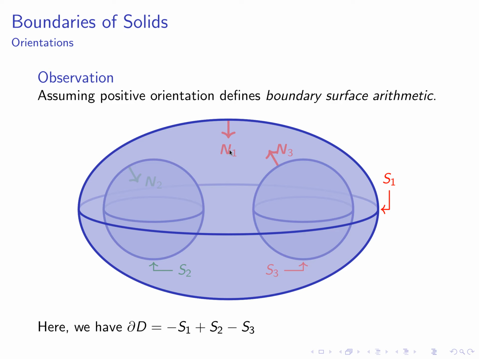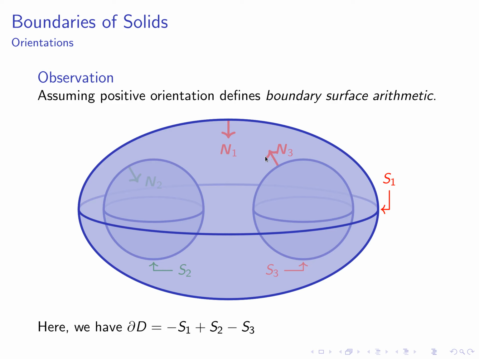For our first inside sphere here, we have a normal vector that points into the sphere, which is actually away from the domain in this problem. And for our second sphere inside of this domain, we have a normal vector that points out of the sphere, which means it's pointing into the domain.